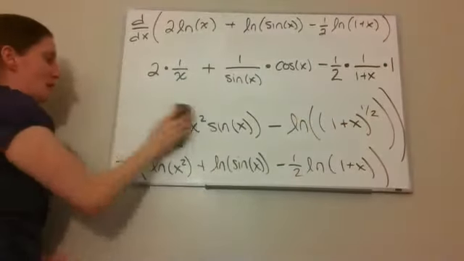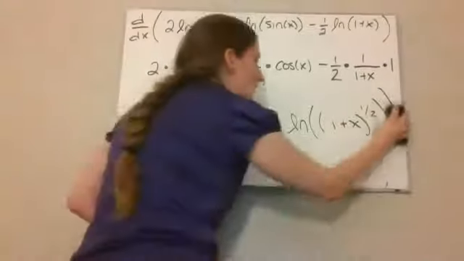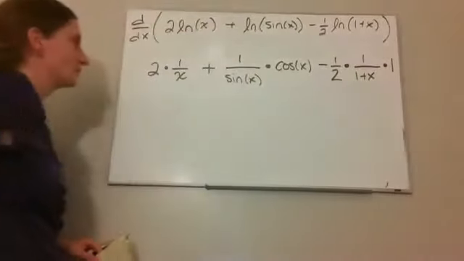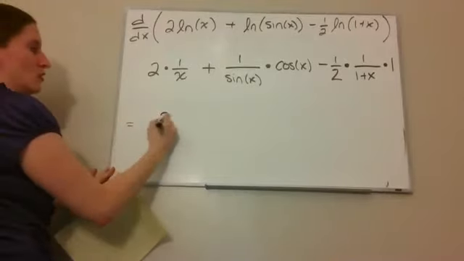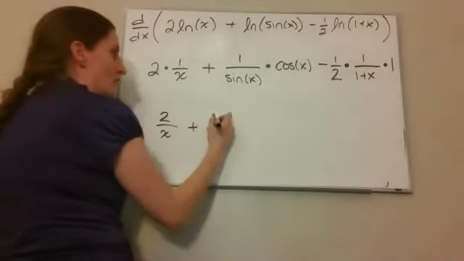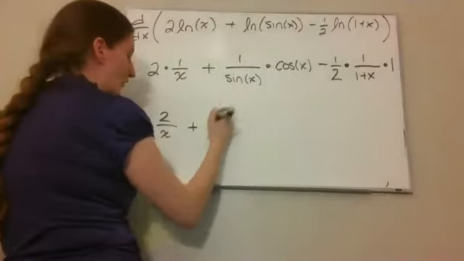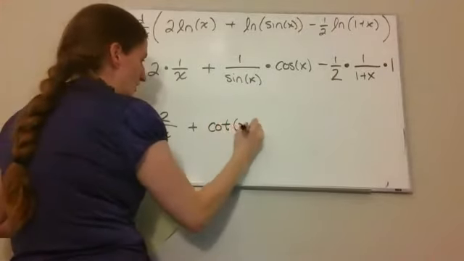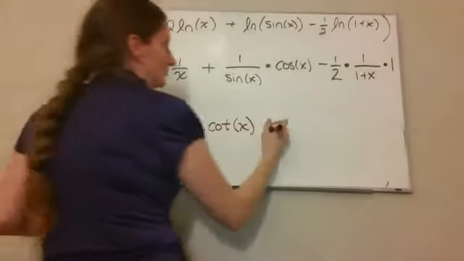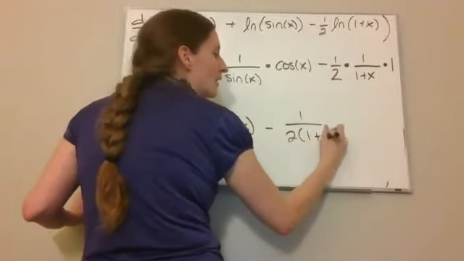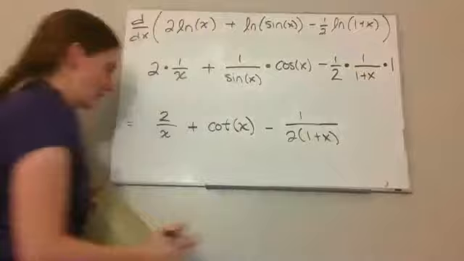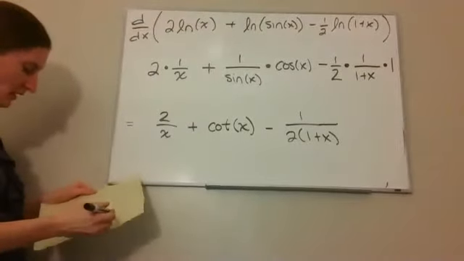So now let me just rewrite this, and we'll have our answer. This is equal to 2 over x plus cosine over sine, well, that's cotangent, minus 1 over 2 times 1 plus x. And that is our answer.